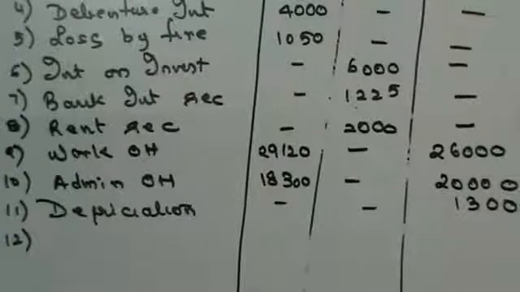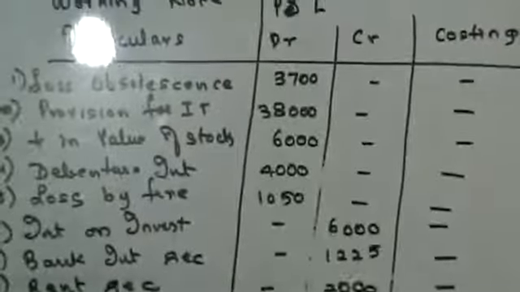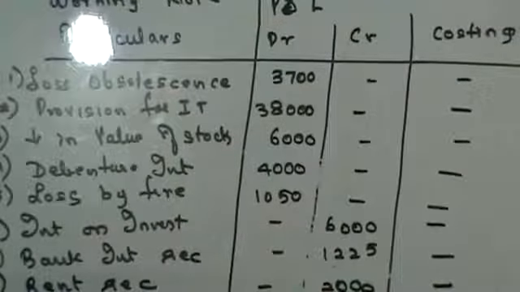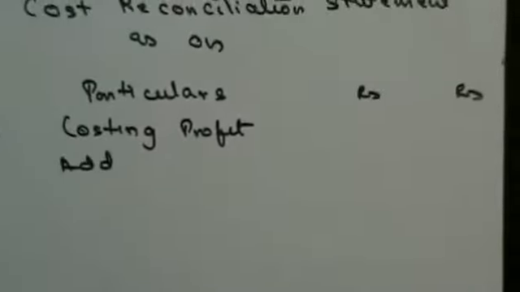Next, the profit and loss as per financial account does not agree with cost account. The profit as per cost account is 1,72,400. Right? Let's see this. You will have costing profit less financial profit.